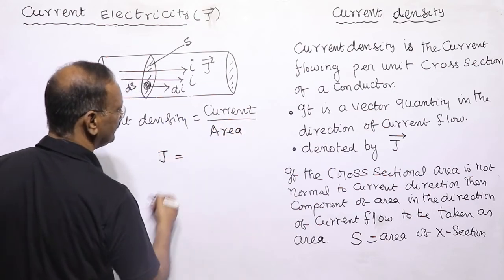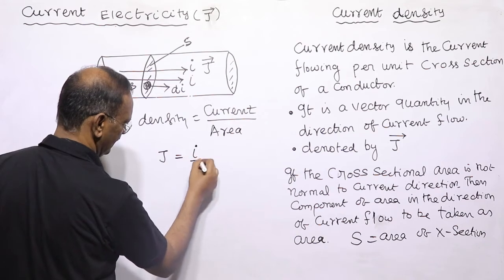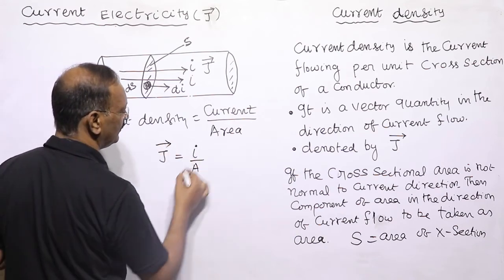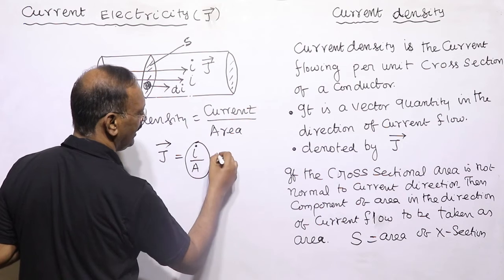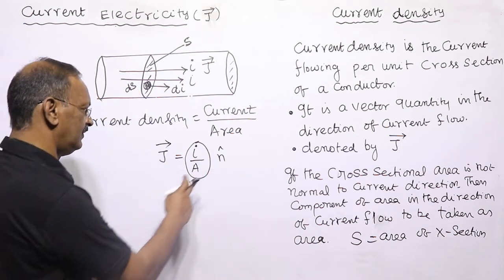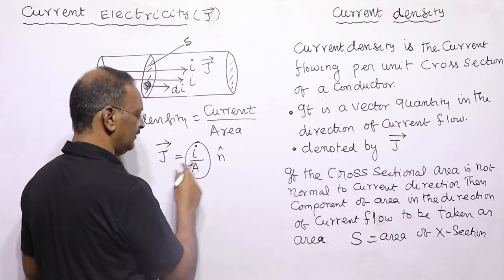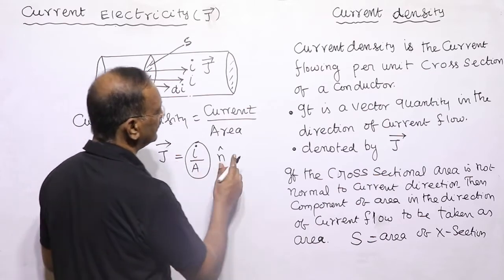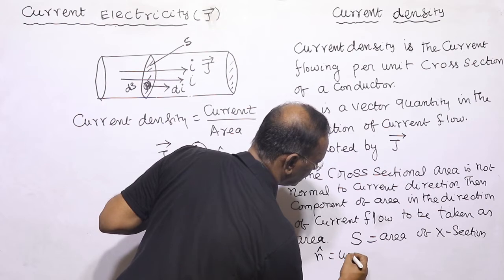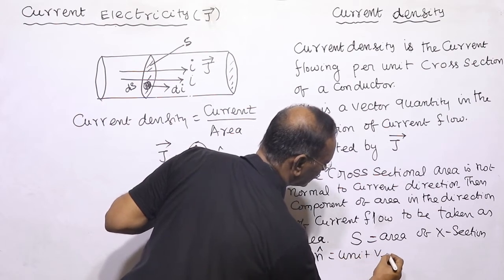In terms of magnitude, J is equal to I by A. And since it is a vector, we can put the vector sign. This is the magnitude part, and we have to include a unit vector along the direction of the current flow. Here n cap is the unit vector.